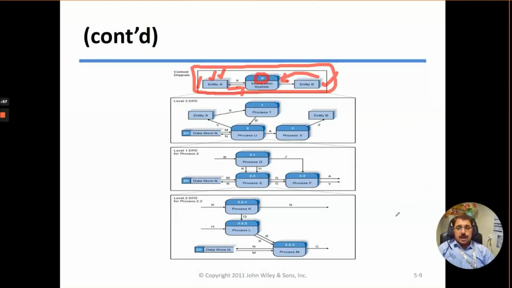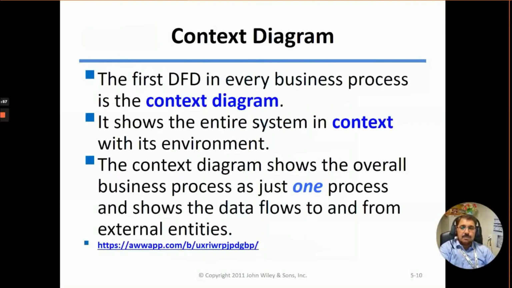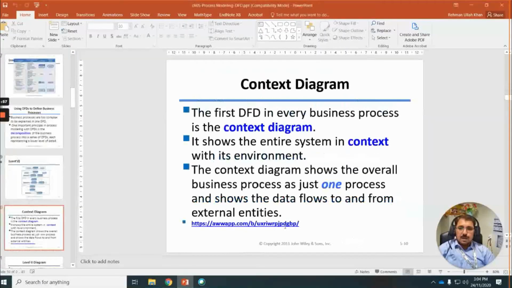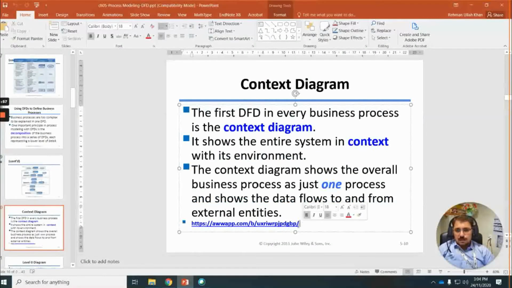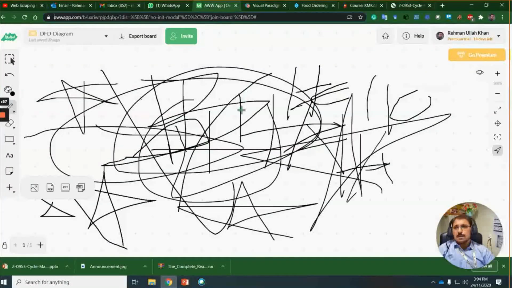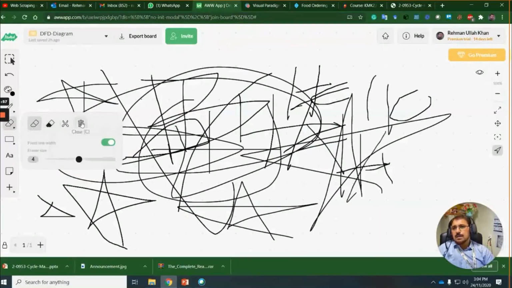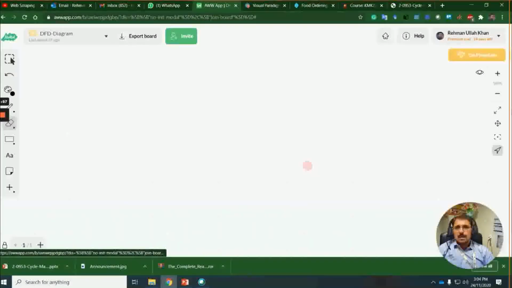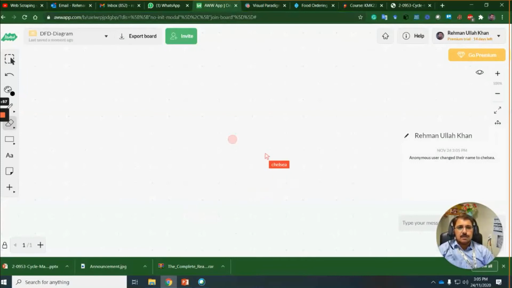Okay, if I ask you to draw a context diagram for ELIP, go to this link, all of you. I have already invited you.